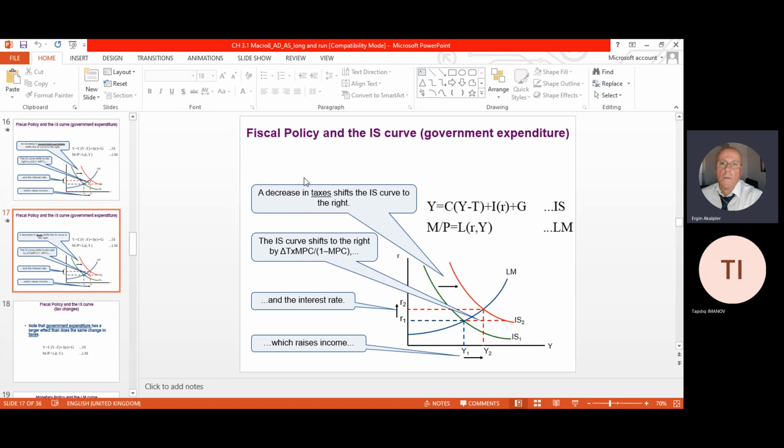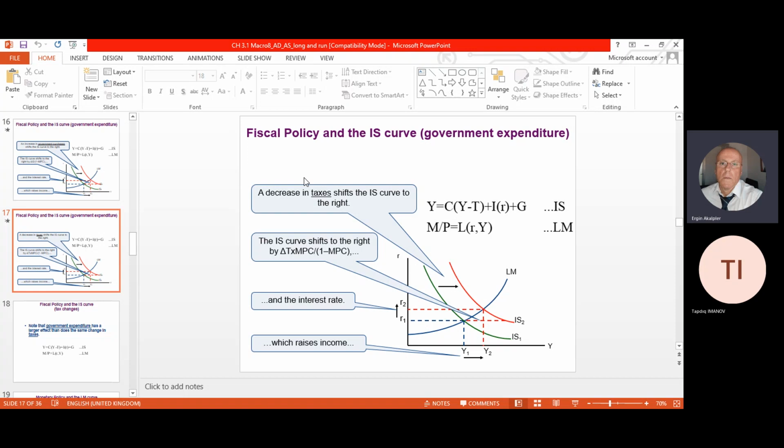Therefore, this also positively affects the economy and shifts the IS curve to the upper level, to IS2, where the real interest rate is enlarged and the output is also enlarged. The IS curve shifts to the right, and the effect of the tax decrease, delta T, has a positive impact on the economy.